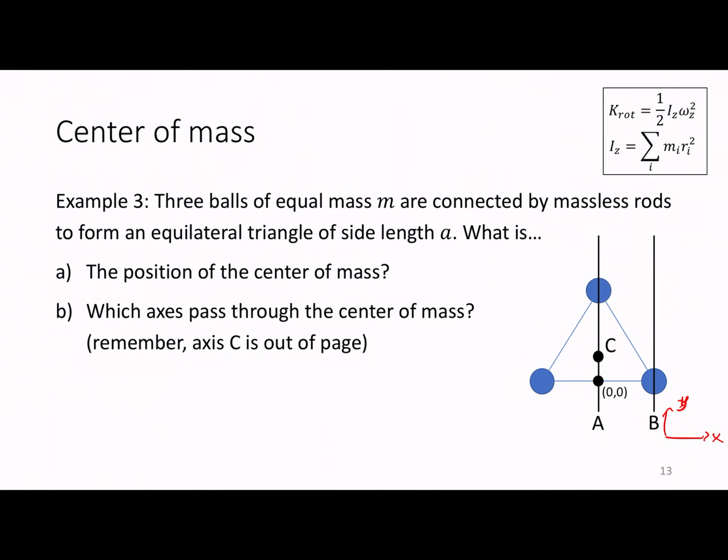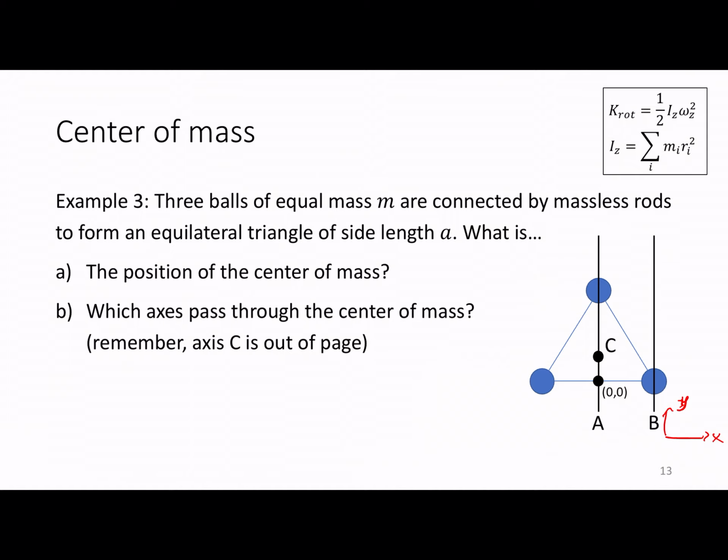And now, just as a quick check, here we have those same three axes that I drew earlier, A, B, and C. The point labeled C is indeed the center of mass. So what I want you to tell me is which of these axes pass through the center of mass. A, B, or C?